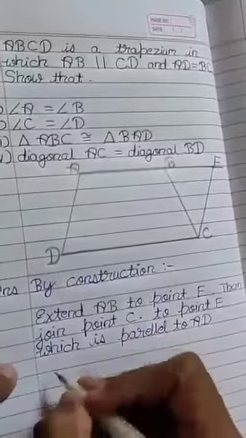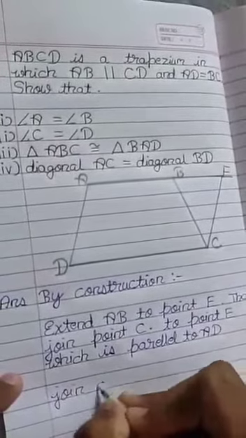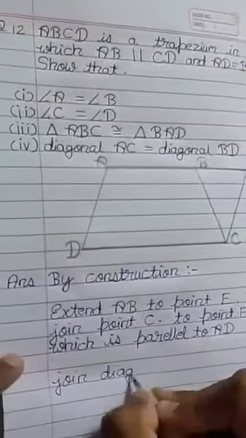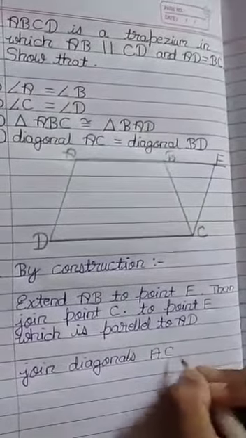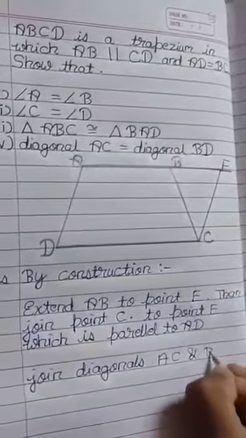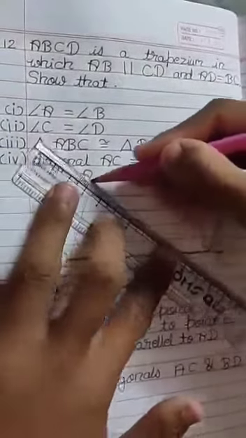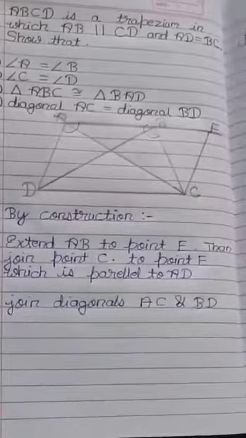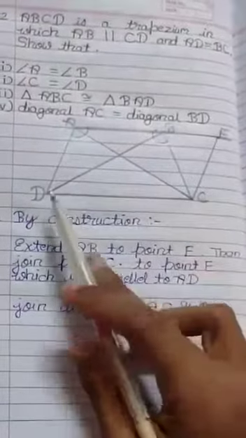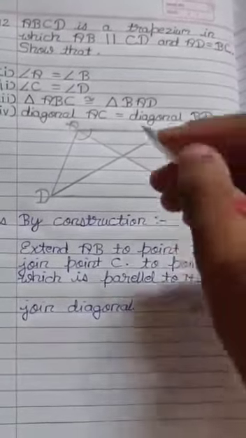Second, join diagonals AC and BD. This is BD. Now we can say that AECD is a parallelogram. Now let's solve the first part of this question, that is angle A is equal to angle B.